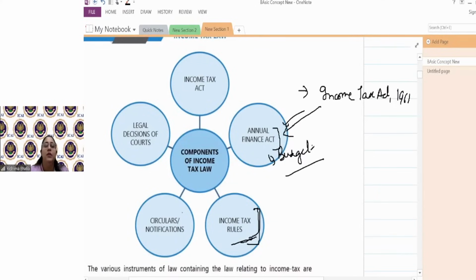Okay. Then there are circulars and notifications. Now, what are circulars and notifications? Now, the Annual Finance Act is the budget, which happens once a year, which takes care of the stakeholders, and वहाँ पे they make the amendment. But at certain times, some clarifications have to come every now and then from the department.